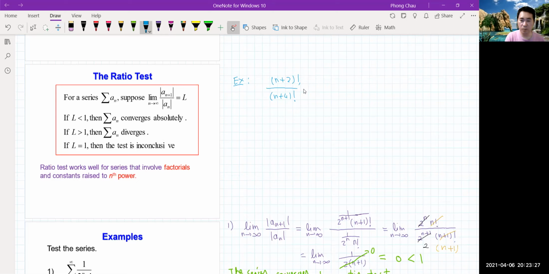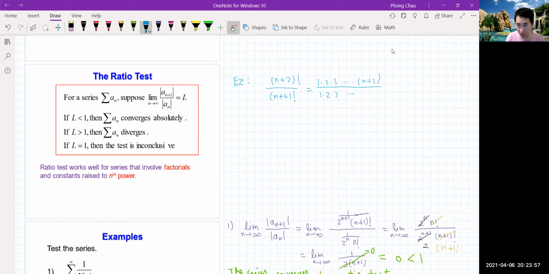Okay, so again, what you're going to do is look at these two numbers, n plus 2 versus n plus 4. So the n plus 4 is 2 units above the n plus 2. Essentially what you have is 1 times 2 times 3, and then up to n plus 2. And in the denominator you have 1 times 2 times 3, and then up to n plus 4.